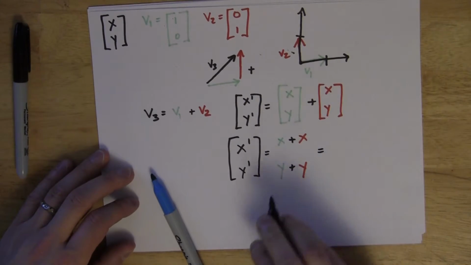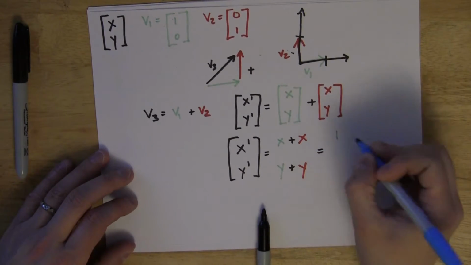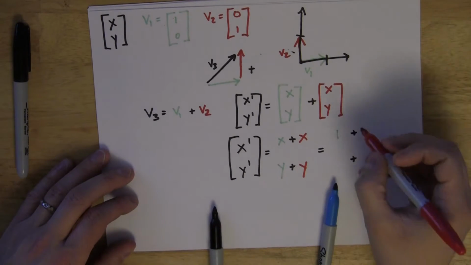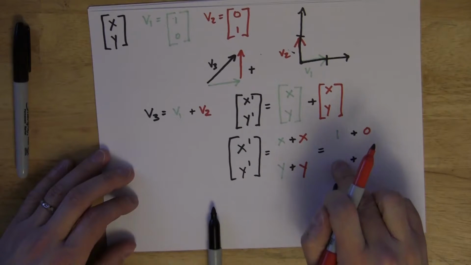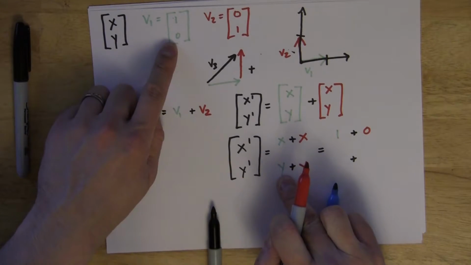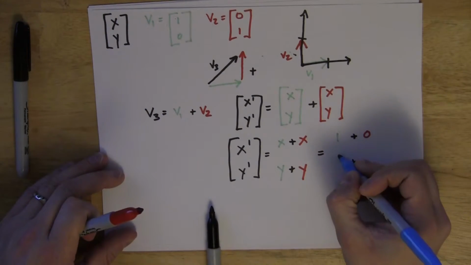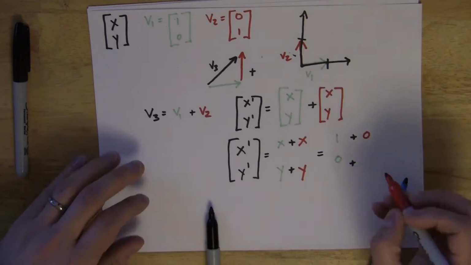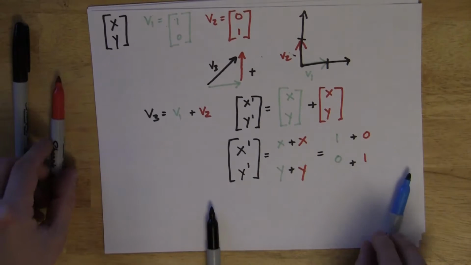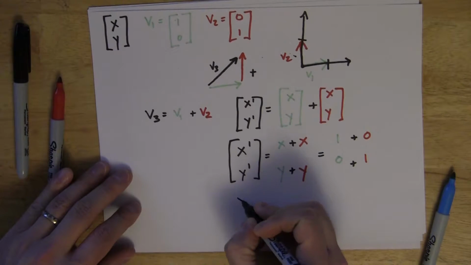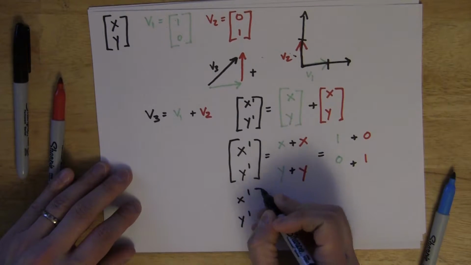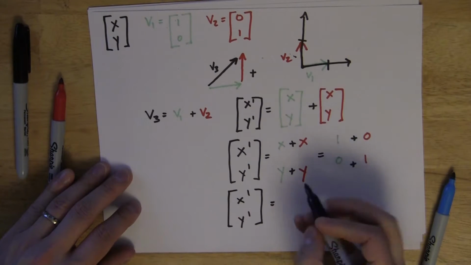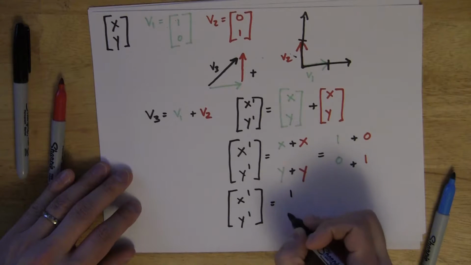So what this ends up becoming is the value of 1 plus 0. The value here, this y, is a value of 0. That becomes 0. This y was a 1. So let's place a 1 there. So our final outcome, x prime, y prime, is going to be equal to 1 plus 0, which is 1, 0 plus 1, which is 1.